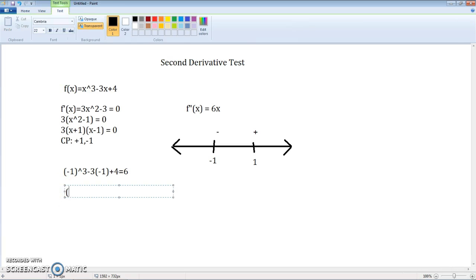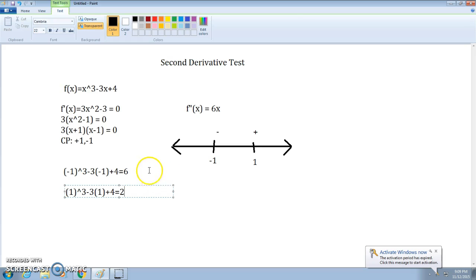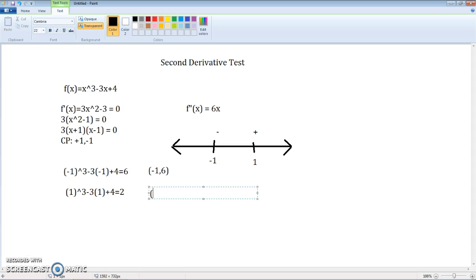That would be 1 to the 3rd power minus 3 times 1 plus 4, which equals out to be 2. So with these, we found the points -1, 6, and 1, 2.